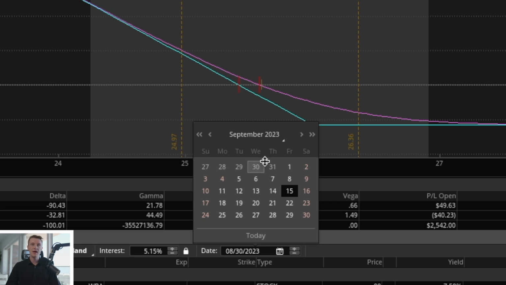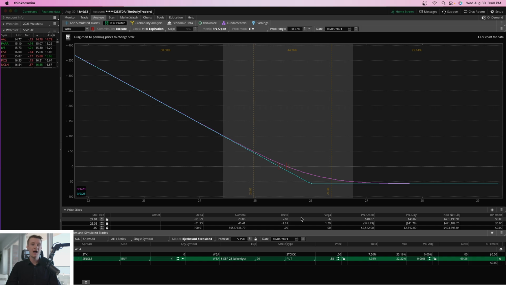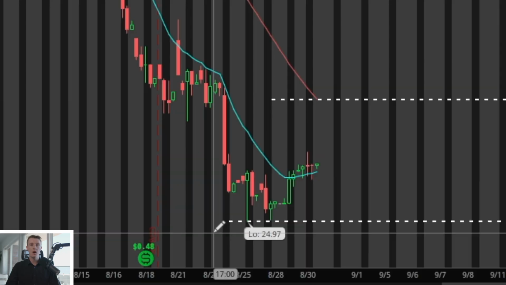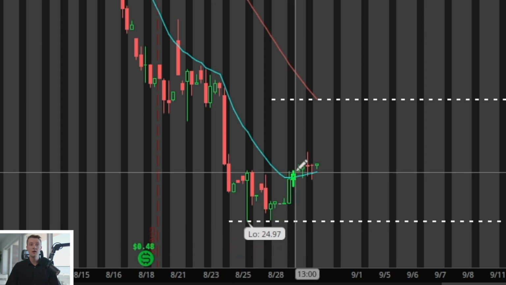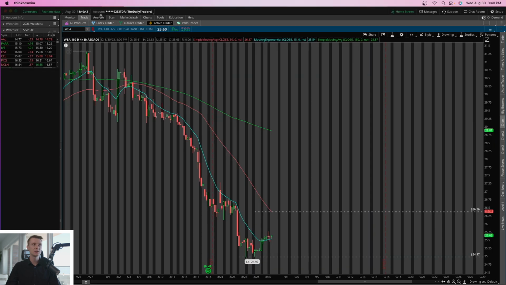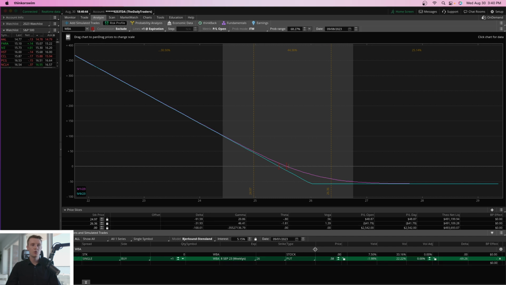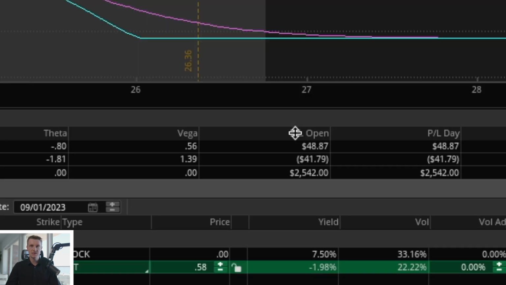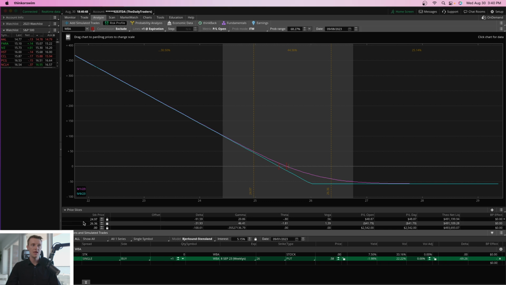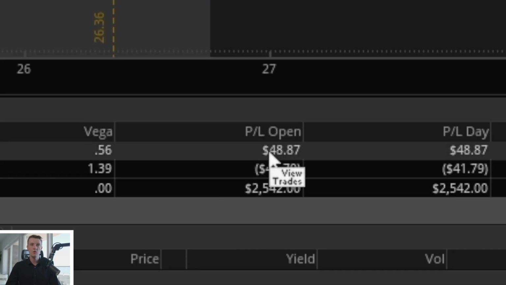The market's closed right now, but if we had entered this position today, today's the 30th, and we held this through Friday, and on Friday WBA moved down and hit our take profit, or it moved up and hit our stop loss, we can see right here, per this one contract, this is going to be our P&L open. So if we hit our take profit, we will have made $48.87.